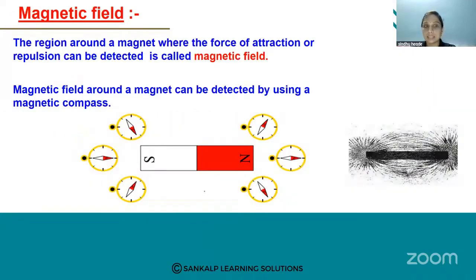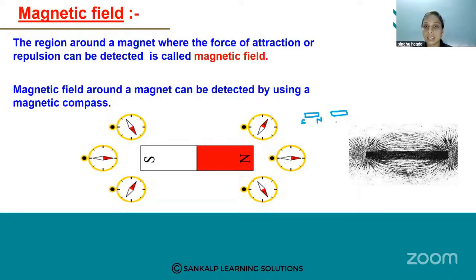Let us see how the magnetic field is generated in magnets. Okay, see, this is a very important concept. Let us see how the magnetic field is generated, and what the magnetic field of a magnet is. See students, consider two bar magnets.